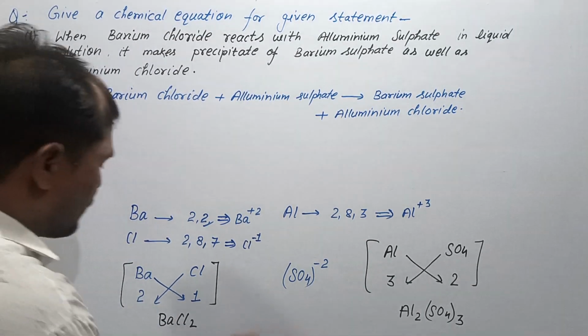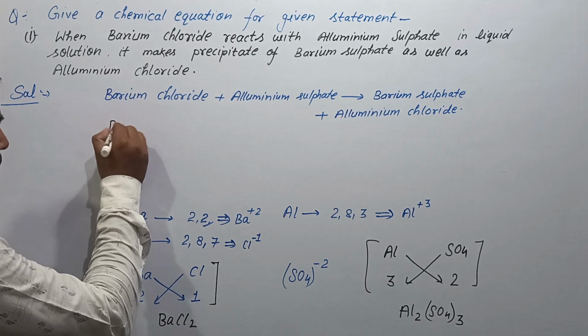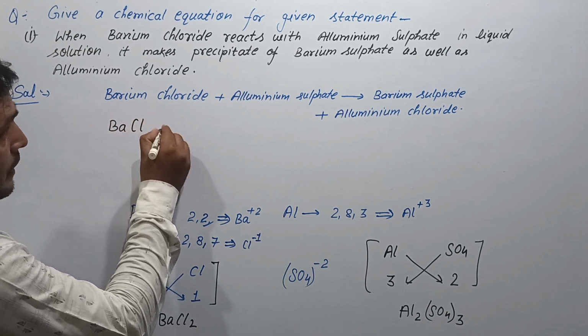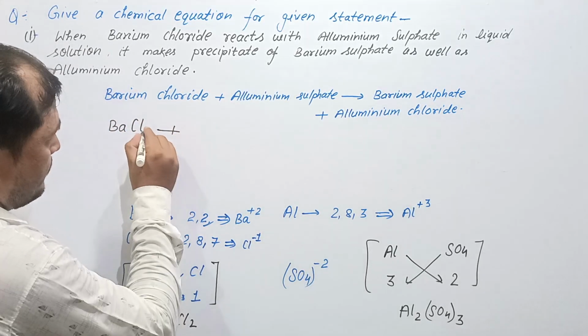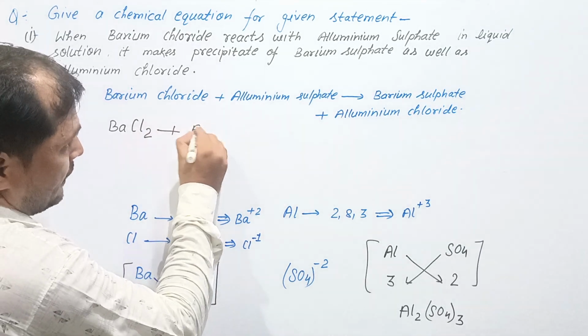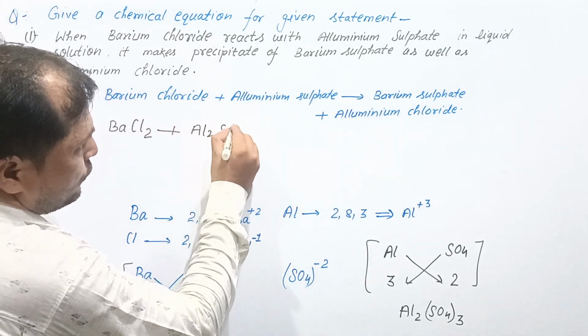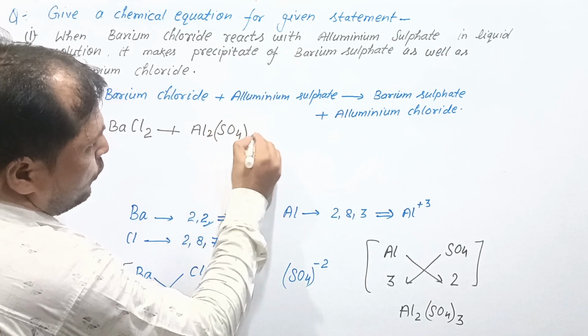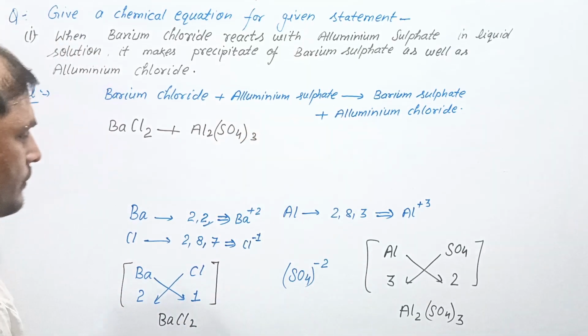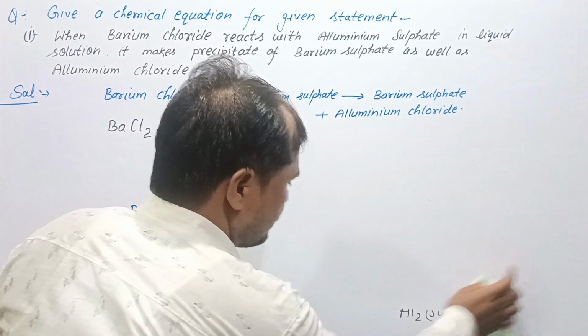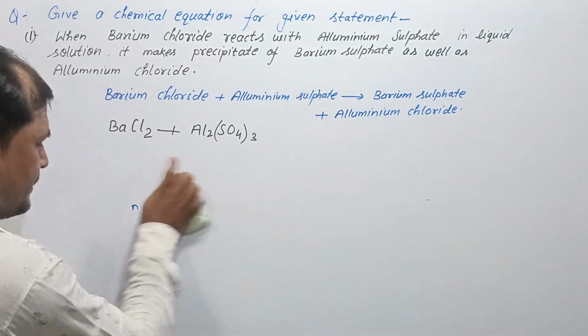Let us start to write BaCl2 plus Al2(SO4)3. Now similarly we can write the other compounds.